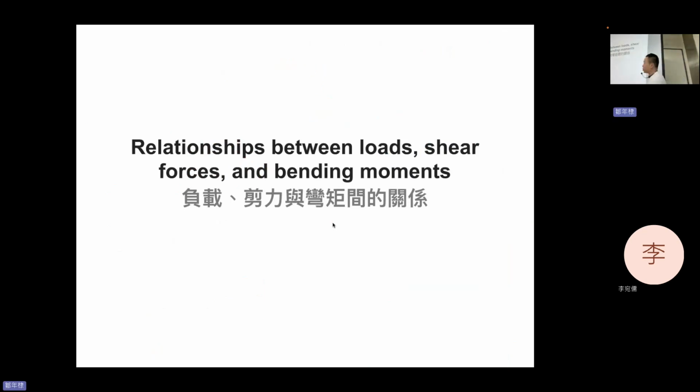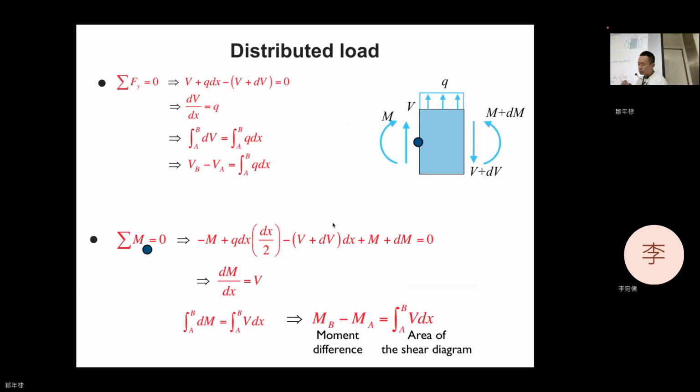So the relationship between loads, shear forces, and bending moment. Now we are going to study some cases, and then we want to conclude the tips based on those cases. The first case we are going to study is distributed load.